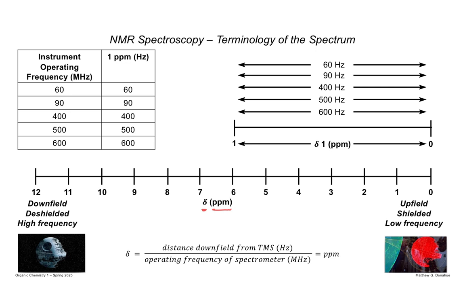The way that relates to the chemical shift is that for every 1 part per million, that's how many hertz you have. So this number in the second column, we can think of as resolution. On the top right, you see the 1 part per million.